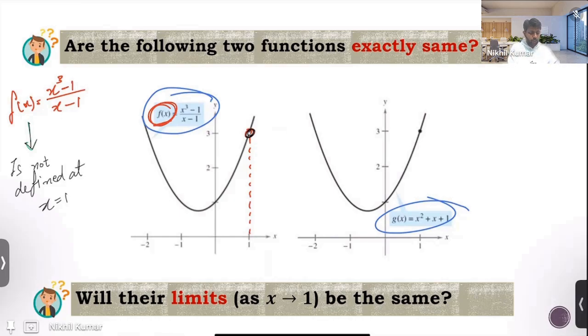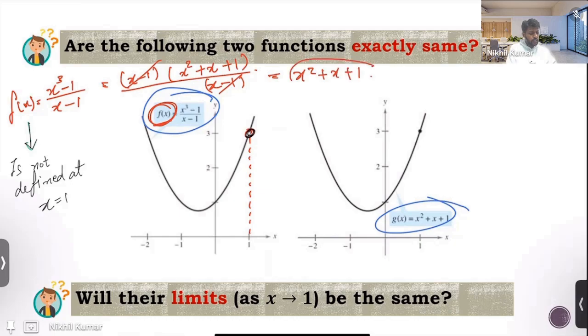But if we simplify this algebraically, we come to the conclusion that a cube minus b cube, so x cube minus 1 cube, is x minus 1 into x square plus x plus 1. This is what you get when you factorize that. And in the denominator you have x minus 1. You cancel these out. You get x square plus x plus 1.